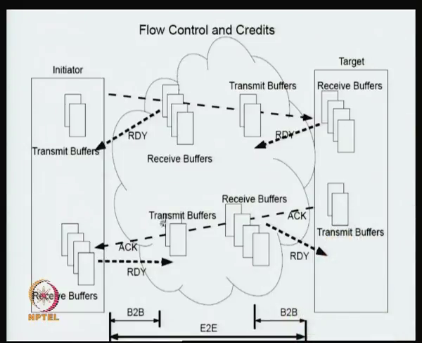Essentially this was the problem. I have illustrated here that buffer to buffer is between these two, and end to end is between this end and this end. All the delays essentially matter in Fiber Channel.